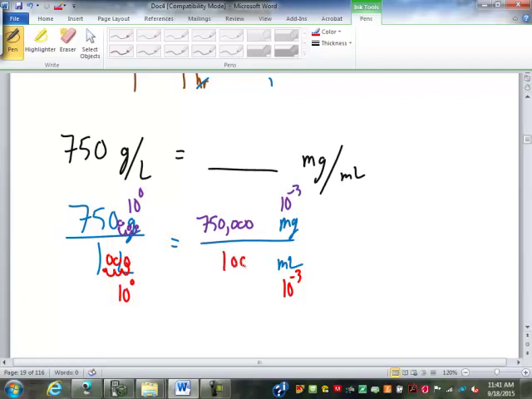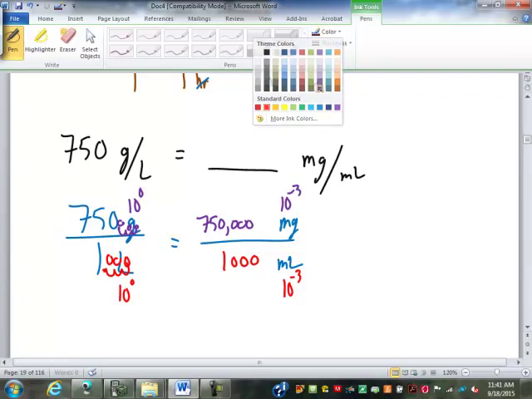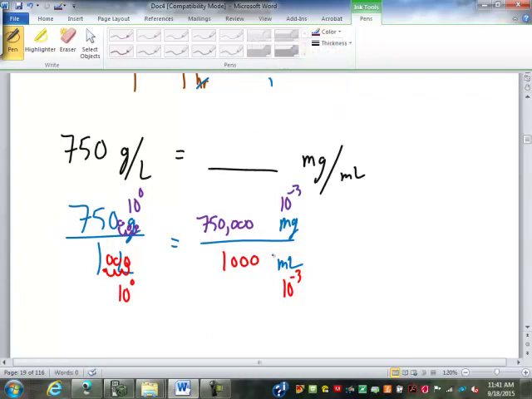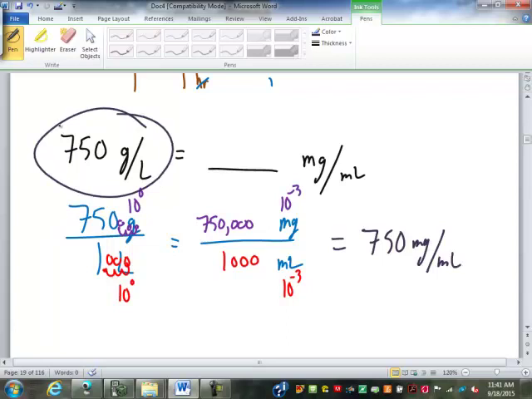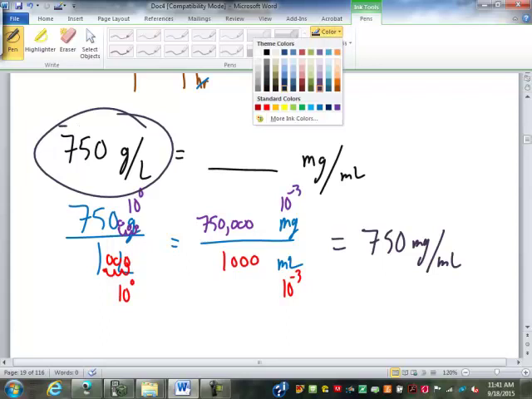That is 1,000 milliliters in a liter. So we divide that back out. 750,000 divided by 1,000 is just 750 milligrams per milliliter. You'll notice that it didn't change. The conversion from grams to milligrams is the same as the conversion from liters to milliliters.